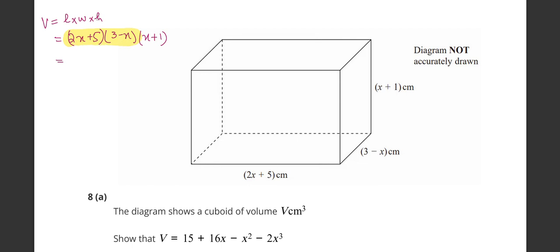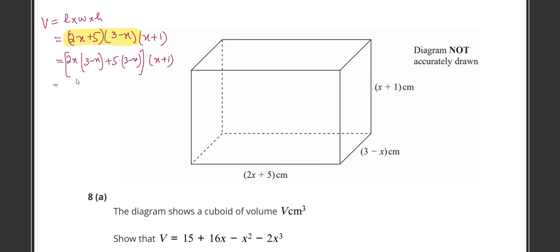That would be wrong. So, for example, if I write down 2x into 3 minus x and plus 5 into 3 minus x, I have to close them in brackets, and I will keep x plus 1 with me. And then I will have 6x minus 2x squared plus 15x minus 5x, and we will have x plus 1.